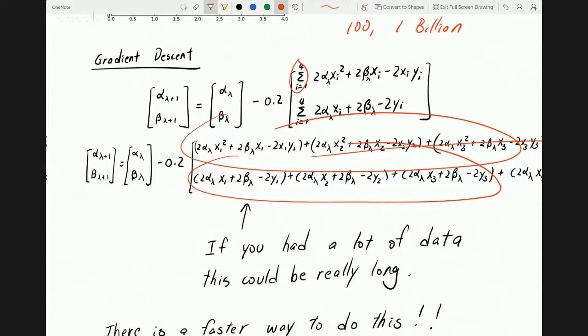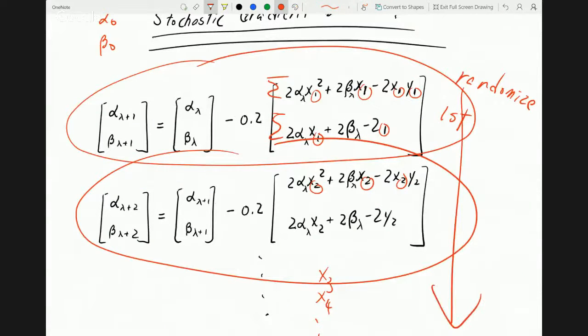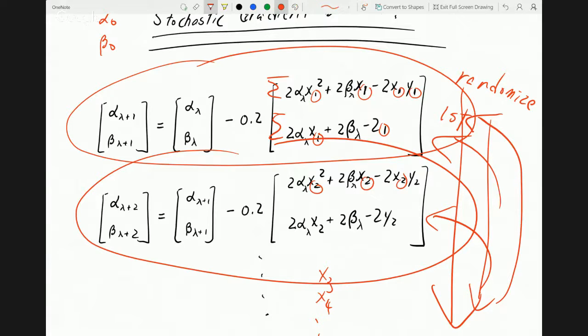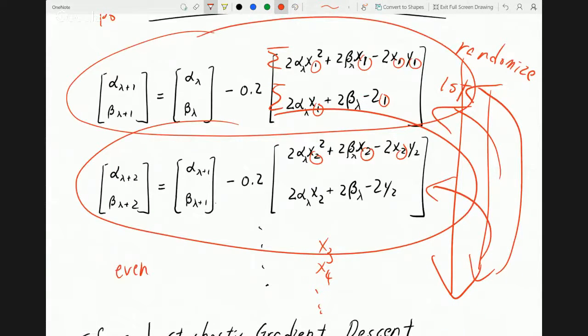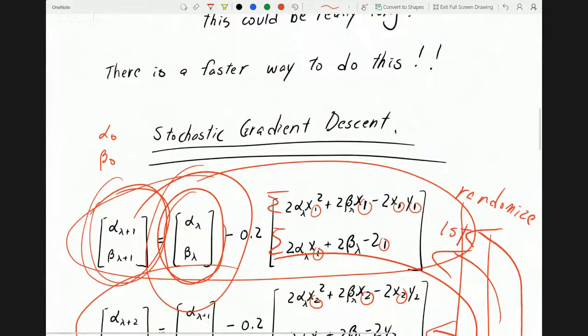And once you've gone through all of the data, start with the first one again, and then the second one again. Eventually it will converge so that the new alpha and beta and the old ones are basically the same, no longer changing. And that's stochastic gradient descent.